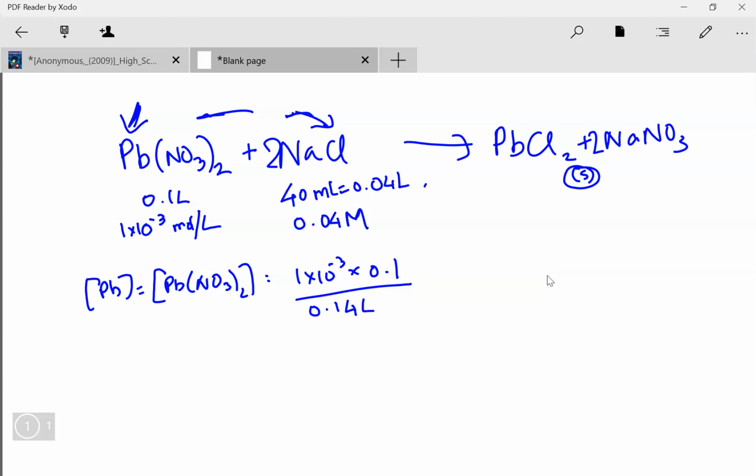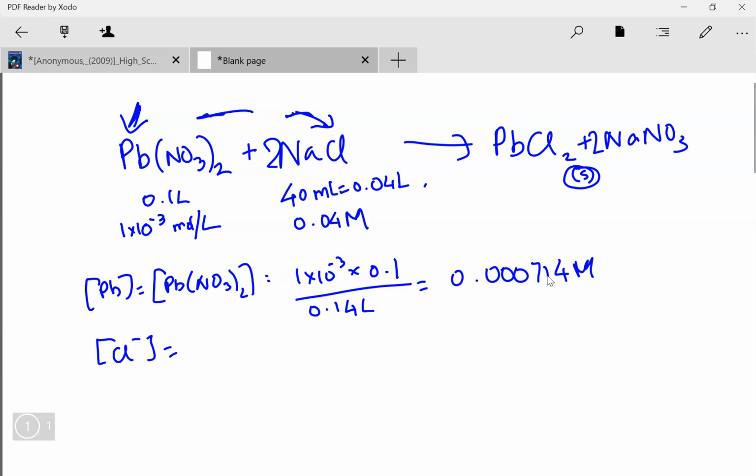And if I put that in my calculator, divided by 0.14, I get 0.0000714 mole per liter.